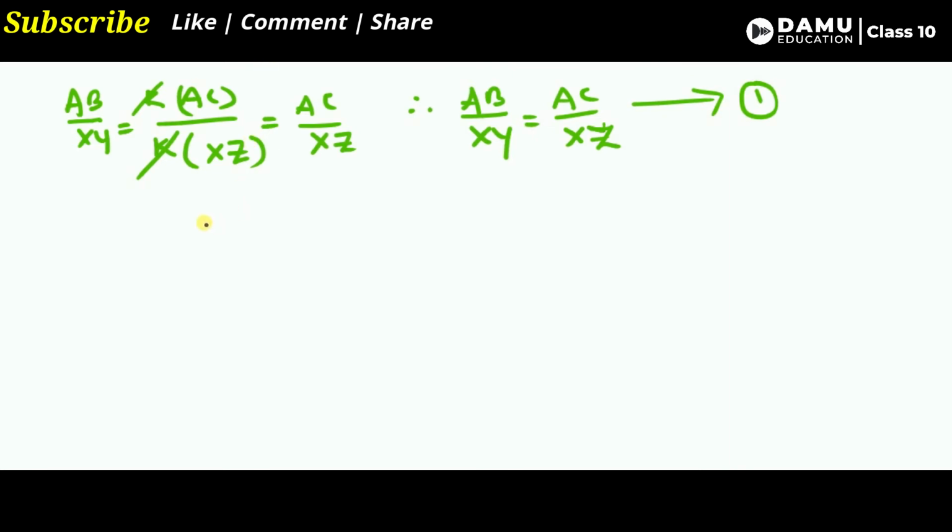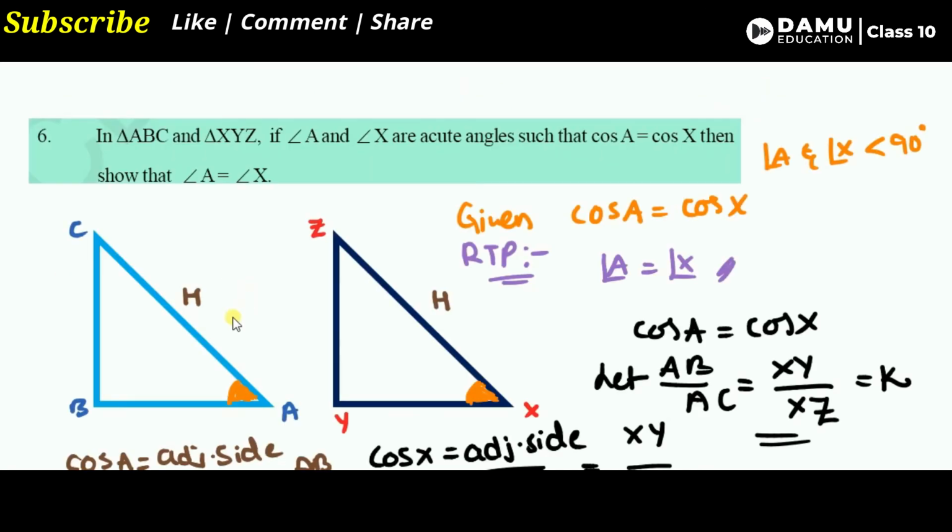Let's move on to the next one. We need to find the opposite side values. We know the hypotenuse and the adjacent side, but we should know the opposite sides.